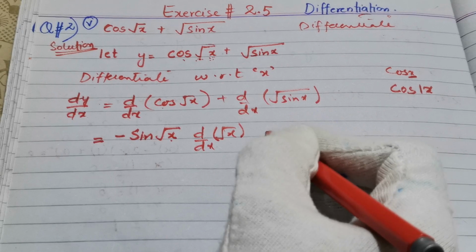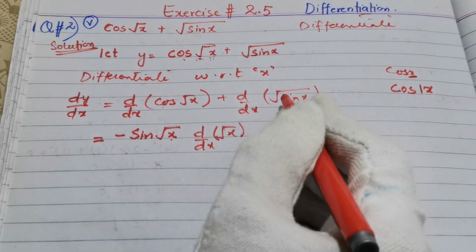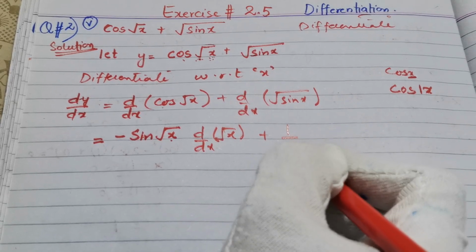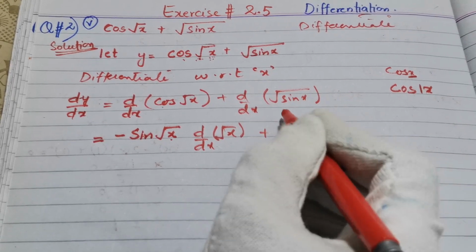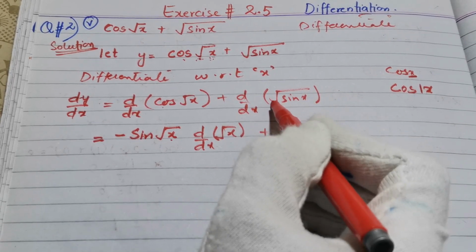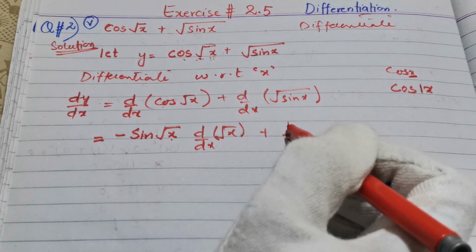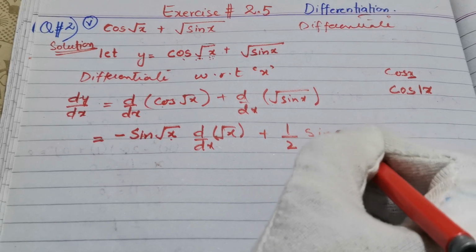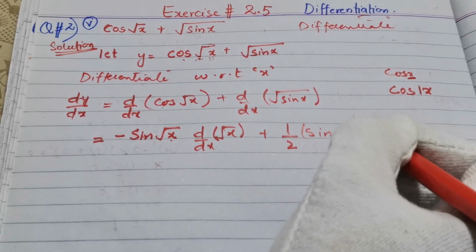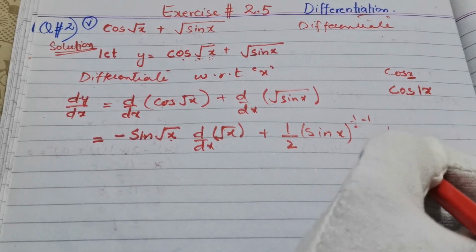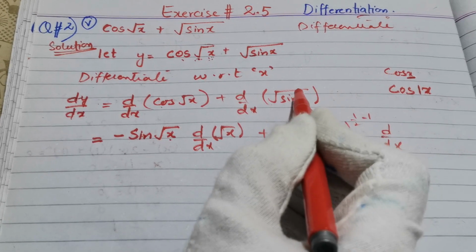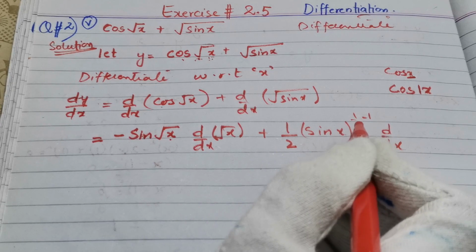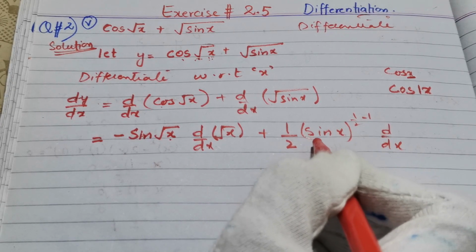Angle is under root x plus d by d. First of all, we will apply power rule. According to power rule, 1 by 2 n. N is 1 by 2 because the value of under root is 1 by 2. And n is 1 by 2. N x, x is sine x. N x n minus 1. Now we remove the power term, and after solving the power term we will differentiate this.